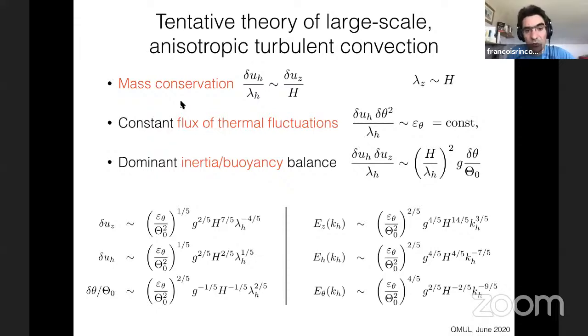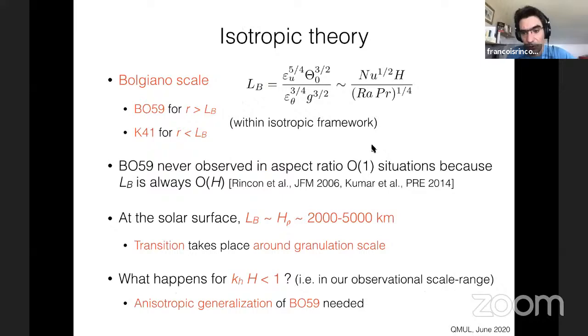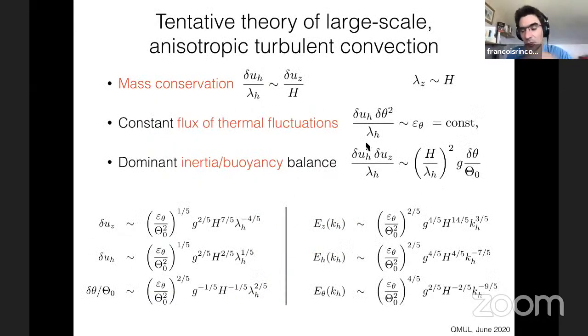But essentially, you don't invent new terms when things become anisotropic. There are some fine modifications, but you still have a dissipation term like that, and you still have a forcing term like that. So essentially, what we are trying to do here is just to cut through all the technical complexity of this decomposition and try to get to the essential dominant balances by balancing the right quantities together.